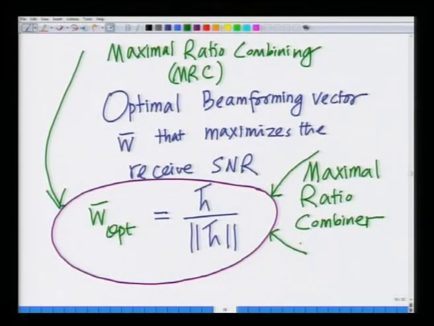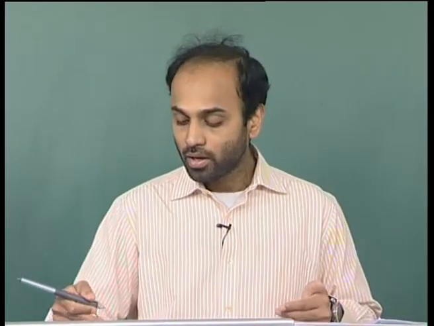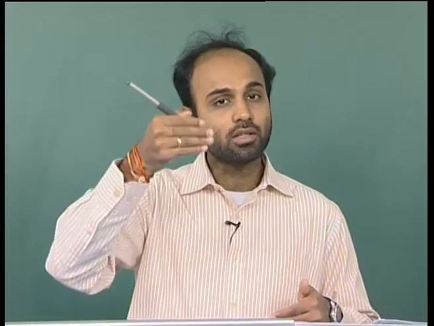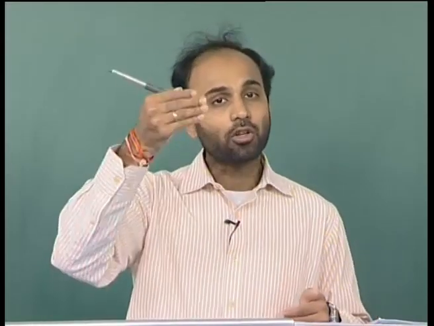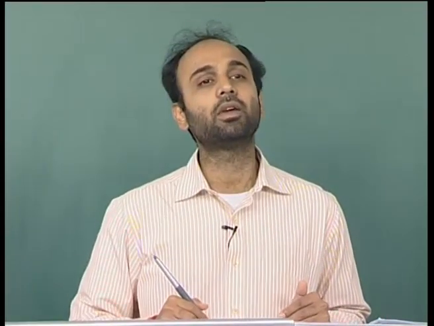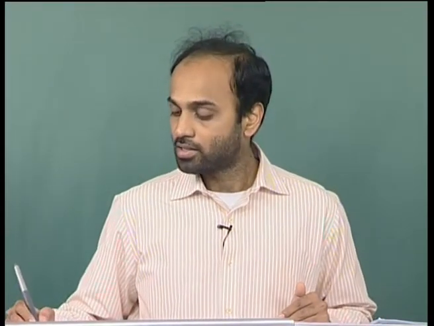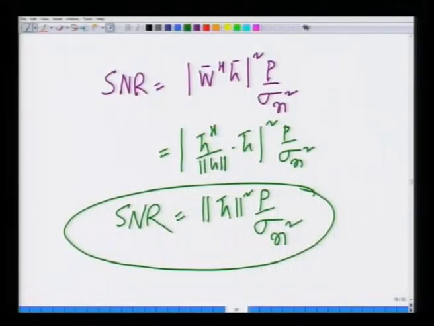So, it is the multi antenna matched filter, or it is also known as a spatial matched filter. The typical matched filter you employ in digital communications is the temporal matched filter, that is, you match the filter characteristic across time. Here you are matching the beamformer across the different receive antennas, that is across space, hence this is known as spatial matched filter. The SNR is norm h square P over sigma n square. This is the maximum SNR at the output of the receiver corresponding to the maximal ratio combiner.